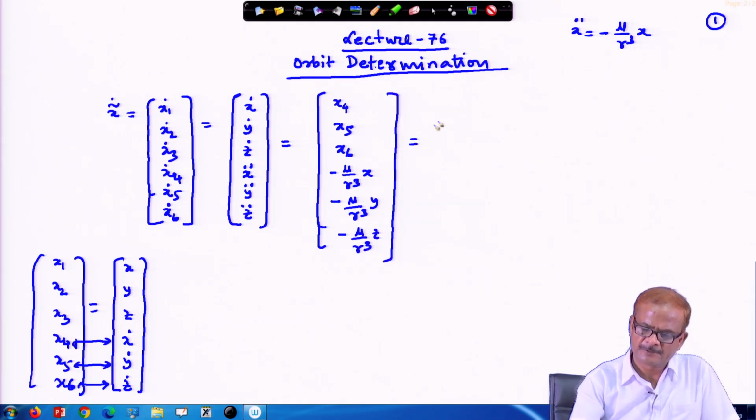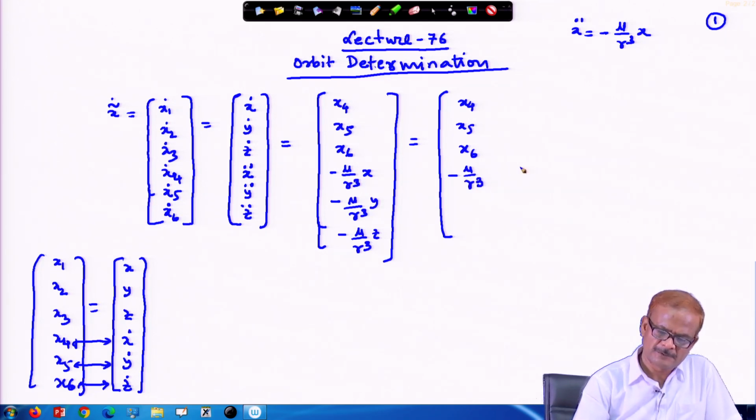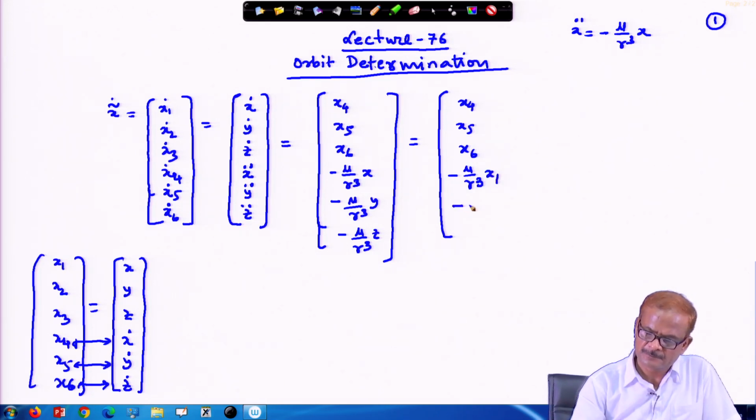And finally, everything we write in terms of x 1, x 2 and so on. x is the quantity here, x 1. So, we write here x 1. Similarly, this becomes x 2.